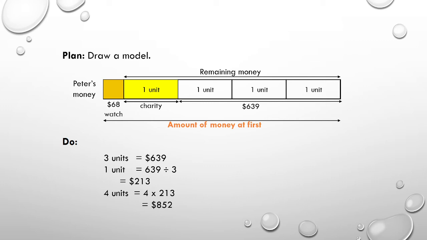Meron pa doong $68 na kanyang ginamit sa pagbili ng watch o relo. So add natin yon, 852 plus $68. That should give us $920. Therefore, Peter had $920 in the beginning or at the start.